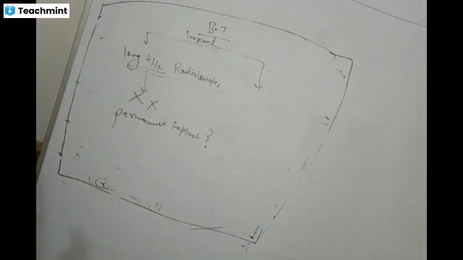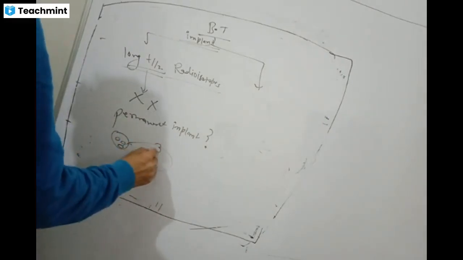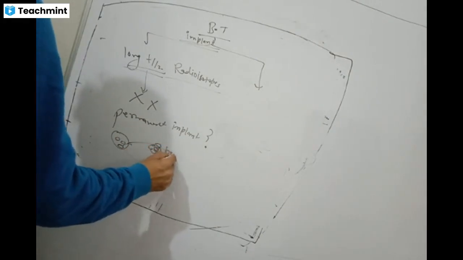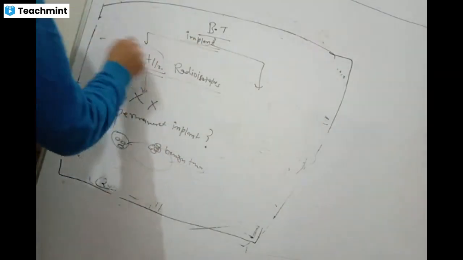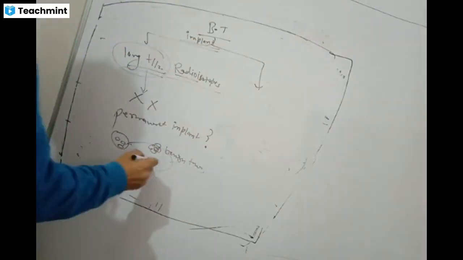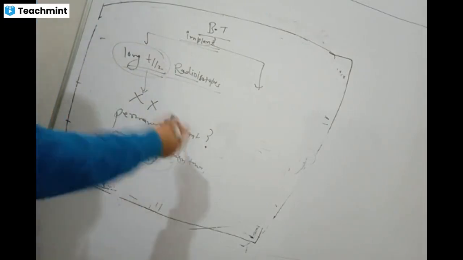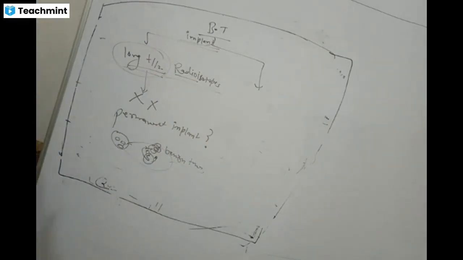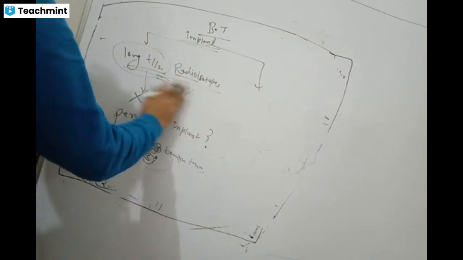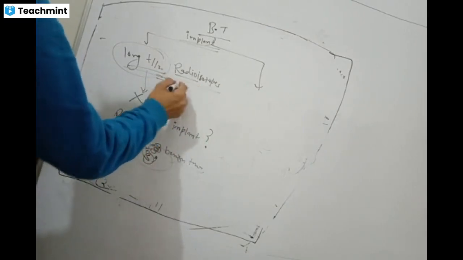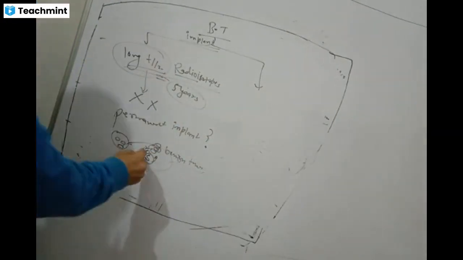The question is why. Suppose this is an animal which has some benign tumor, and you keep a long half-life radioisotope inside the body and forget it, and the half-life of this radioisotope is 5 years. What will happen?